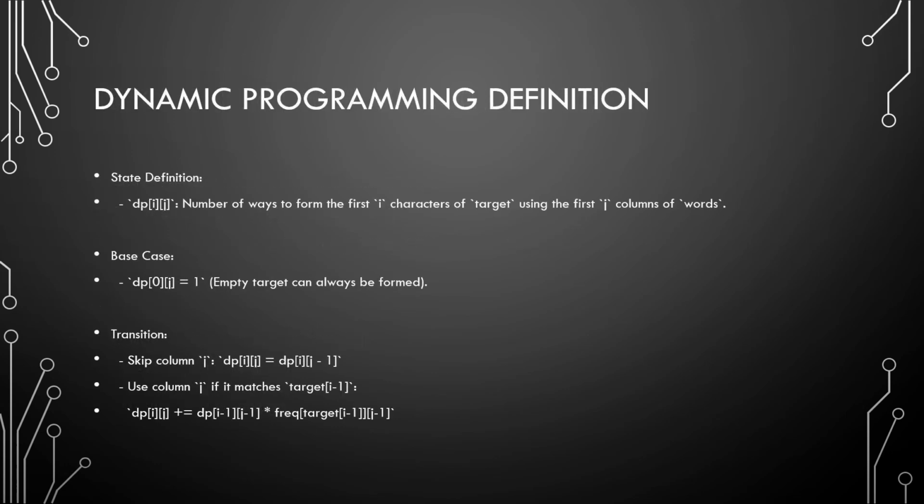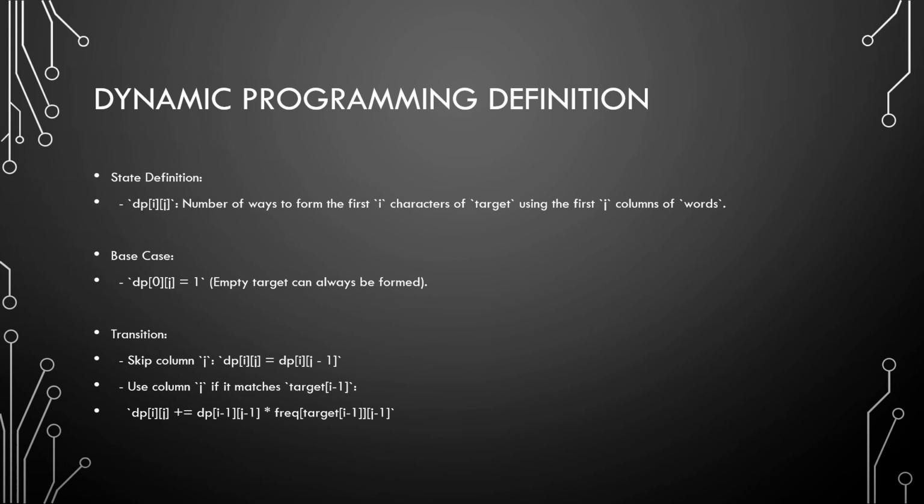Now let's define our dynamic programming state. dp[i][j] will represent the number of ways to form the first i characters of the target using the first j columns of the words. The base case is simple. dp[0][j] equals 1 because the empty target string can always be formed.